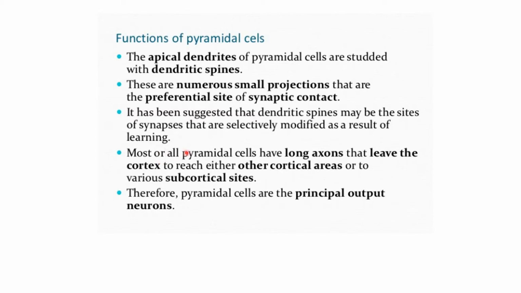Most pyramidal cells have long axons and leave the cortex to reach other cortical areas or various subcortical sites. Therefore, the principal output of the cerebral cortex is from the pyramidal cells.